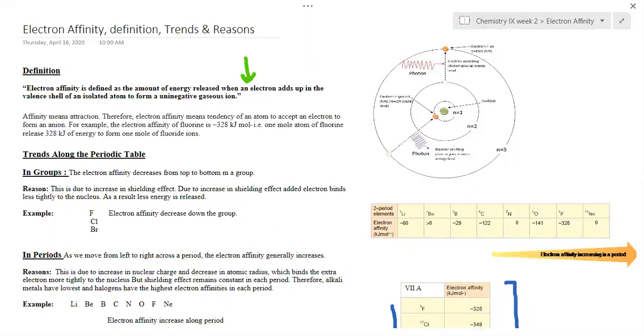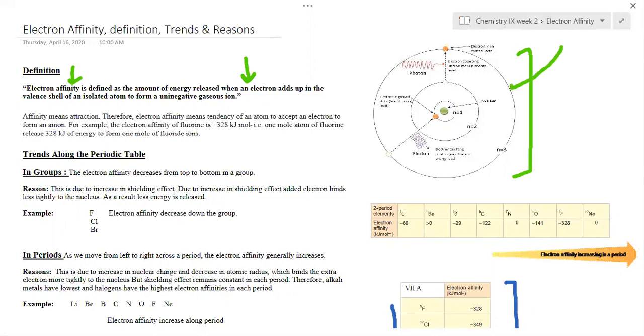Affinity, I recommend you learn by pointing out certain points or marking certain identifications. Affinity means attraction. So here the electron is being added. Here I have an illustration designed for you: the electrons are revolving around the nucleus.